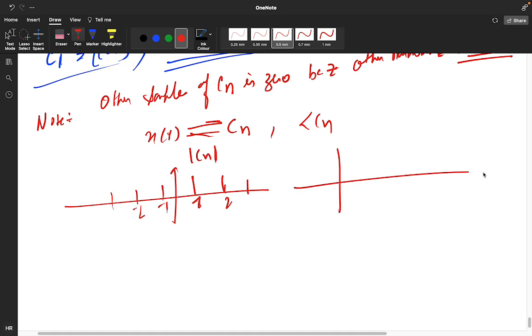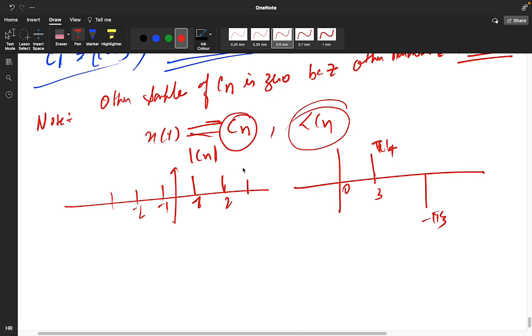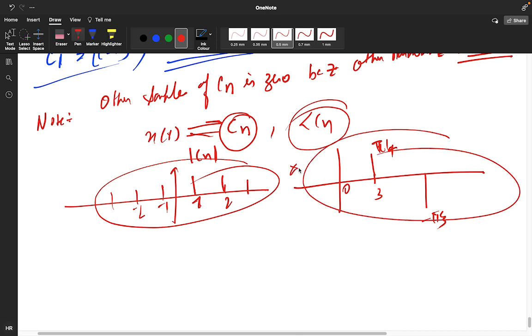And there is also a representation of the angle. Suppose you get pi by 4 angle, so you represent pi by 4, or some particular angle like minus pi by 3. So C of n and the angle of C of n can be represented like this. The mod value you represent in one graph, and the angle value in another graph. This is just a simple representation. When we see the questions, you will understand, but for now just look at this.